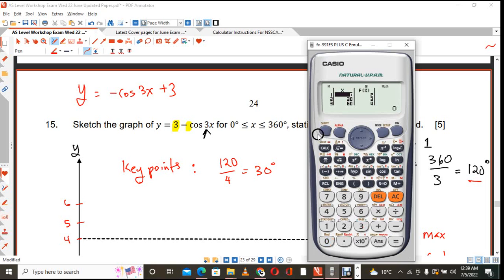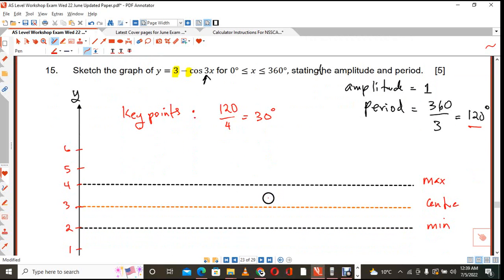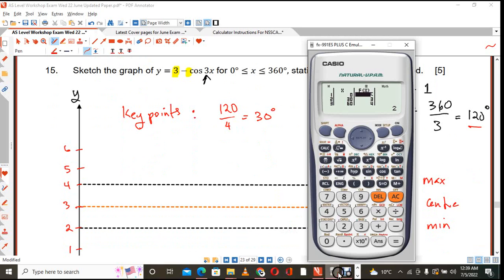Are you with me? Right, now I can actually find the values. Can you see? This is the x-axis and that is the y-axis. So if x is 0, then the y value is 2. So I'm just going to bring that down, bring my calculator back up. If x is 0, y is 2. Okay, so that is this point here.